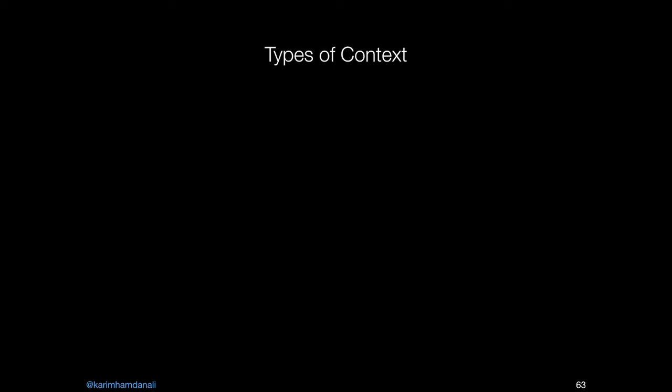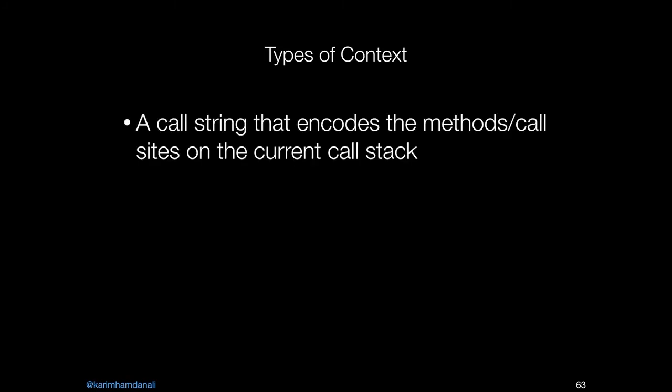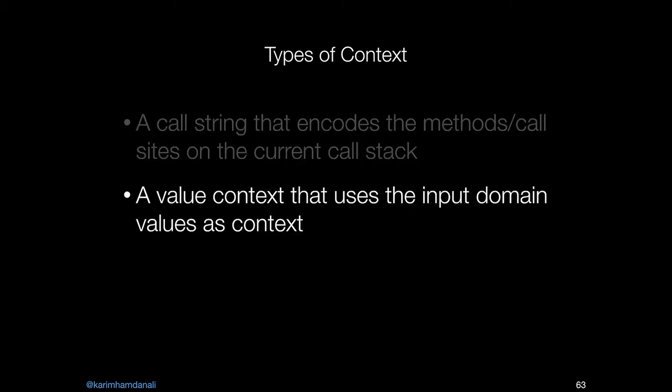So there are different types of contexts that analysis engineers usually use. You can either have a simple call string that tells you basically the method call sites on the current call stack. So pretty much the call stack encoded as a string. That's what a call string is. The other type of context would be a little bit more rich in the sense that it is a value that describes the input domain values as context.